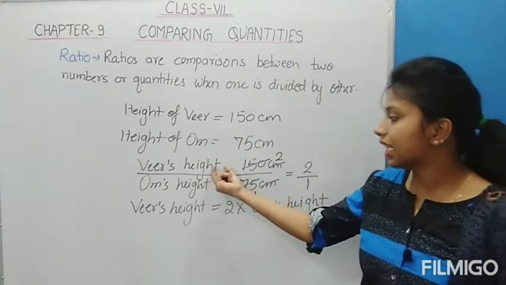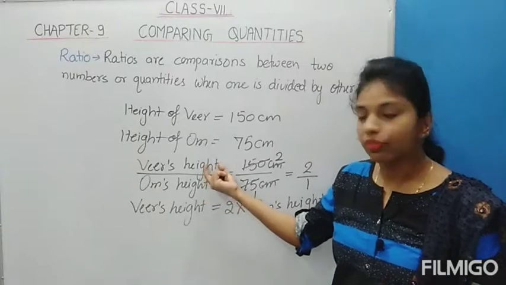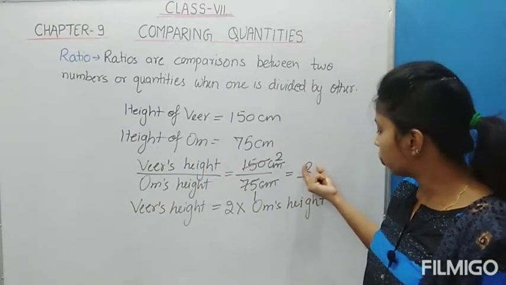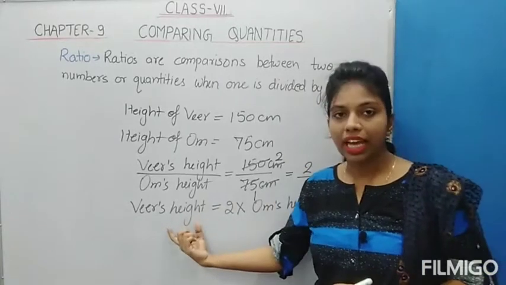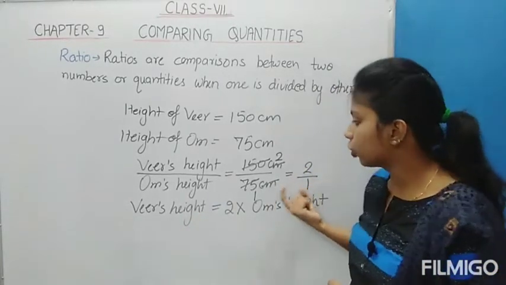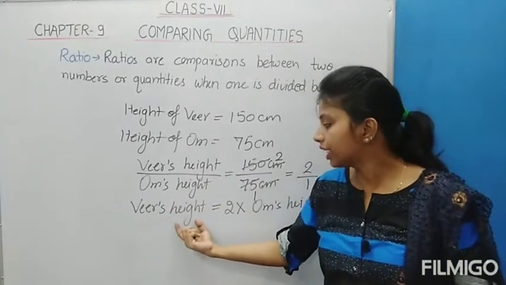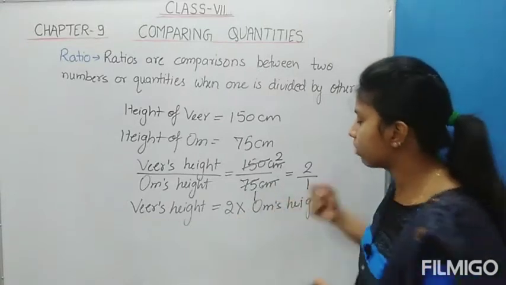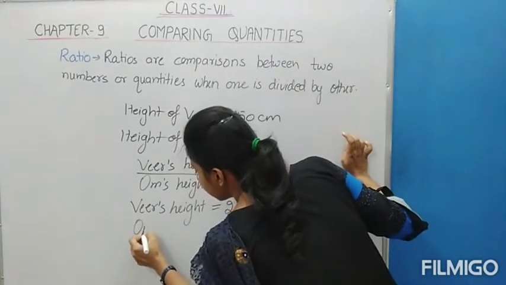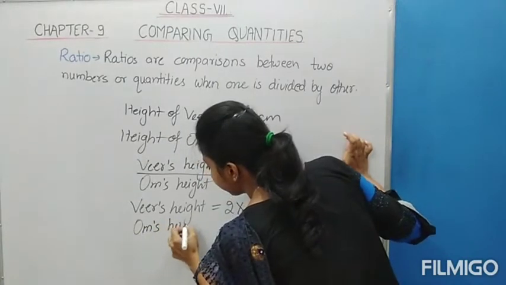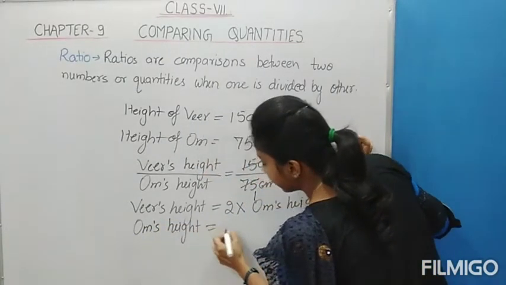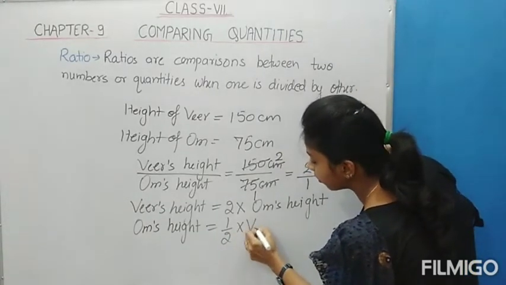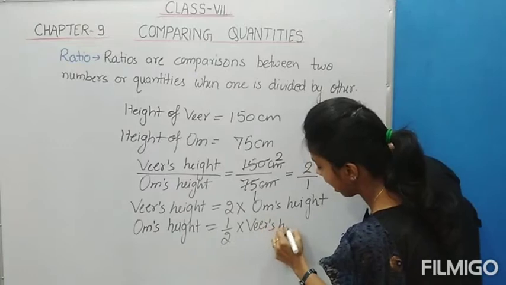So we can say that the ratio between Veer's and Om's height is 2:1, and we can compare by the help of this ratio. We can say that Veer's height is 2 times Om's height, or we can also say that Om's height is 1/2 times Veer's height.